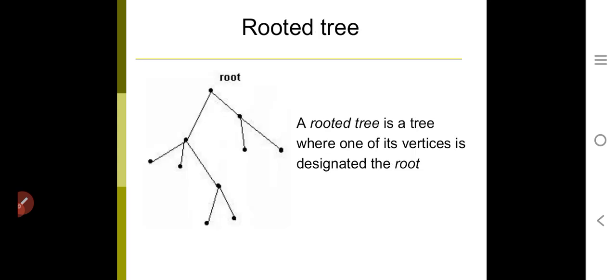Then we start the definition of a rooted tree. A rooted tree means one of the vertices is designated as the root. This is called a rooted tree.